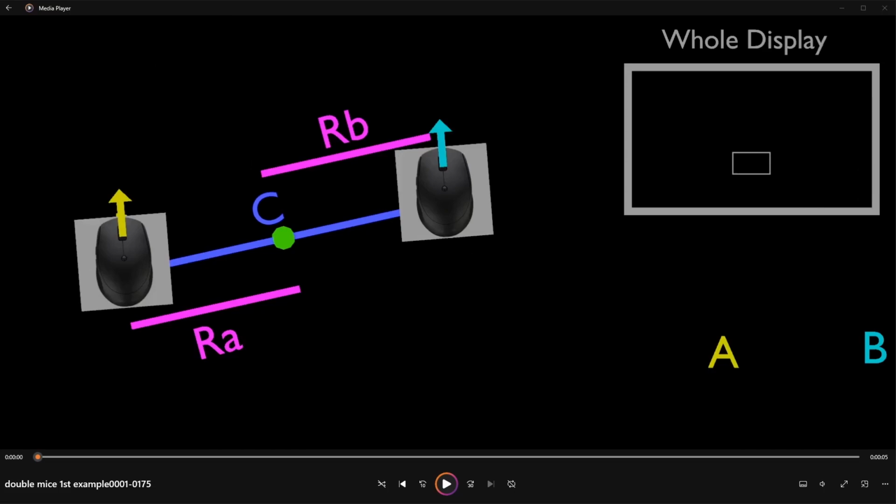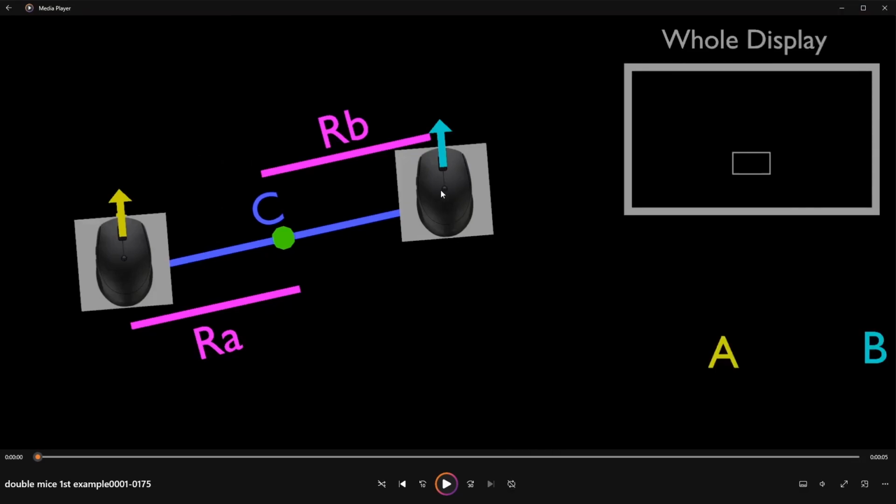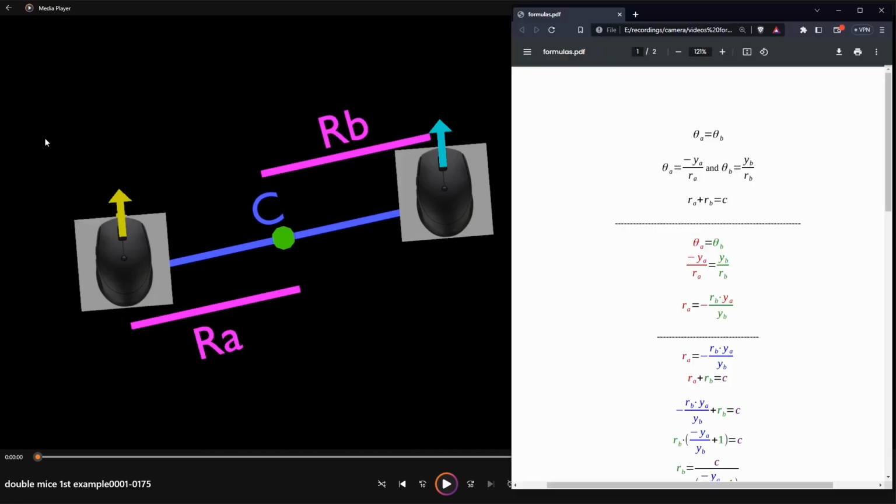So if I pull up some formulas I made, this is just the stuff I already stated. The theta calculated from RB and the theta calculated from RA should be the same. That's all that's saying.